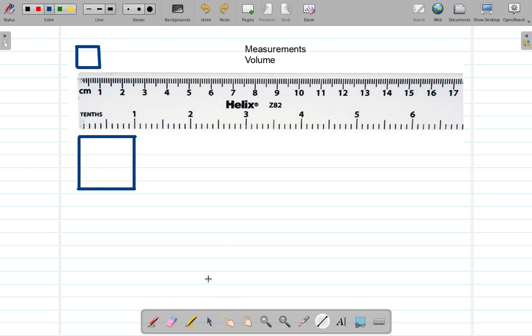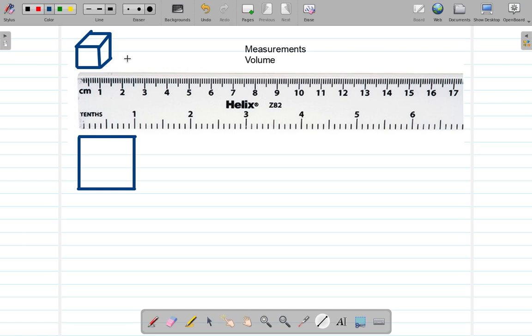Now, let us look at volume. Let us say we still have this square, and we add a third dimension to it. You have width, height, and length. Each is 1 centimeter long. You notice what we have here is a block, a box.